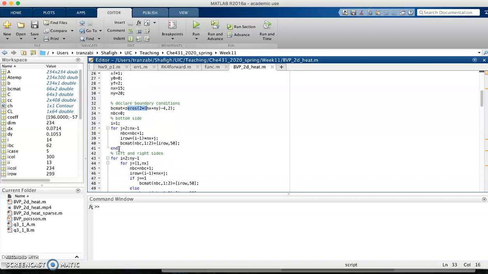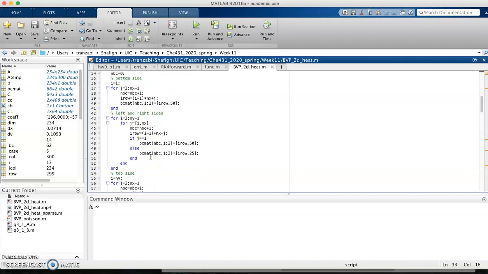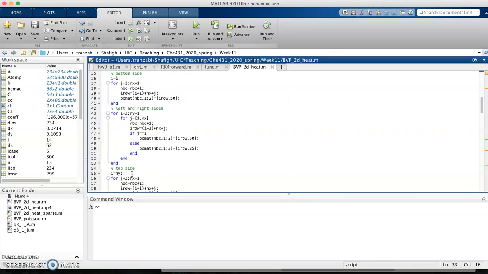So then I go over every side, like bottom side, left and right side, and top side, and put in basically the corresponding index for every boundary point with the value. I can go over maybe one of them, for example.